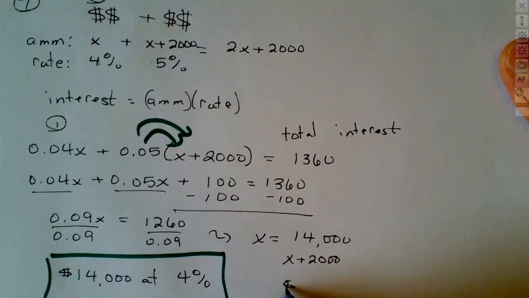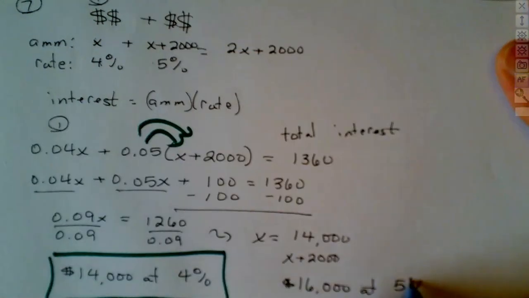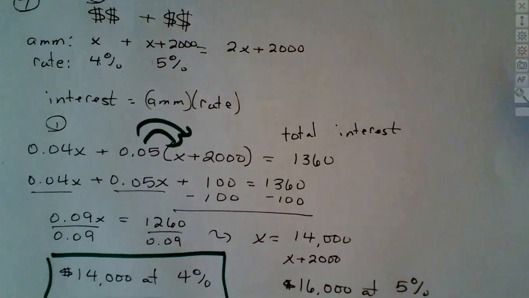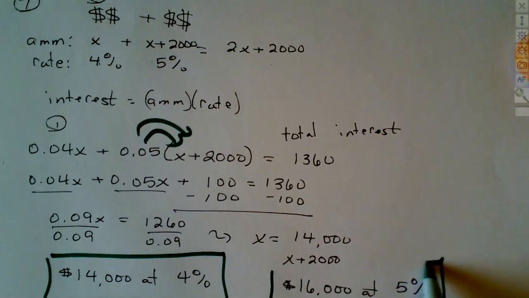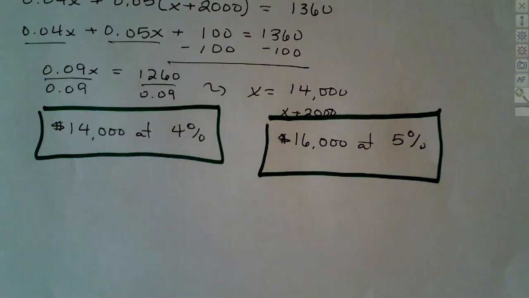So that is going to then be $16,000, and it is at 5%. So we got them both, and we labeled them according to their percentages. So that's how we work out that investment question.